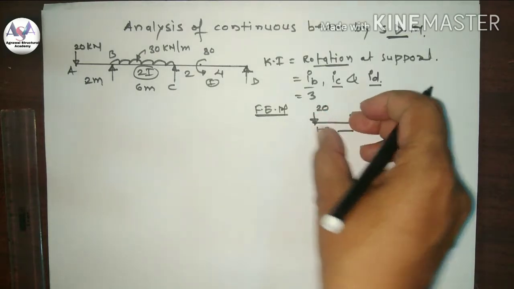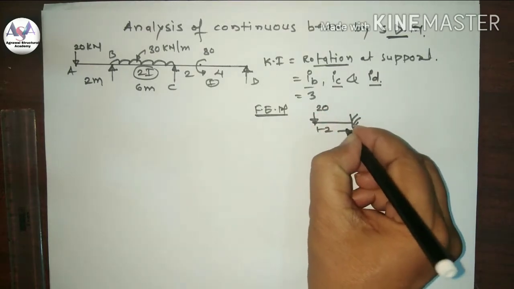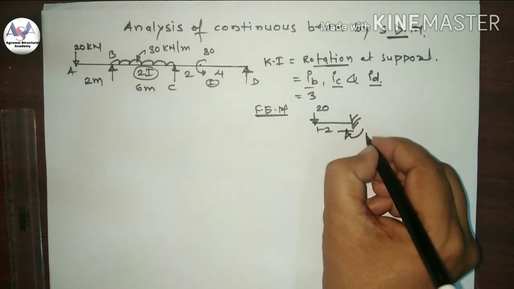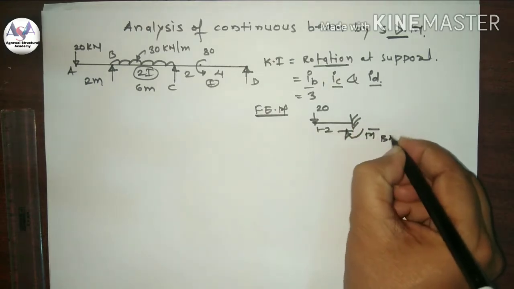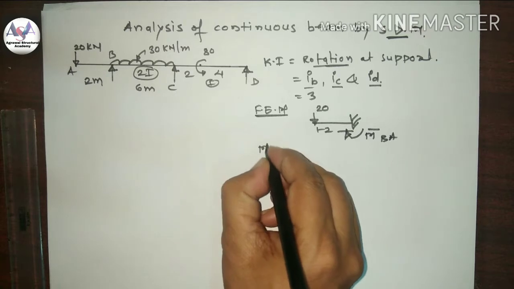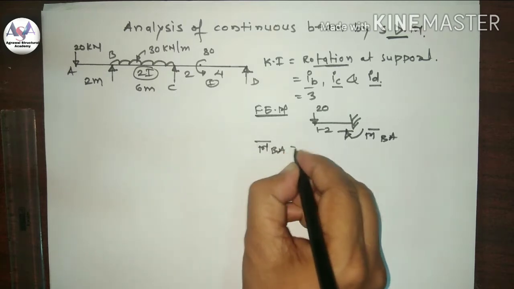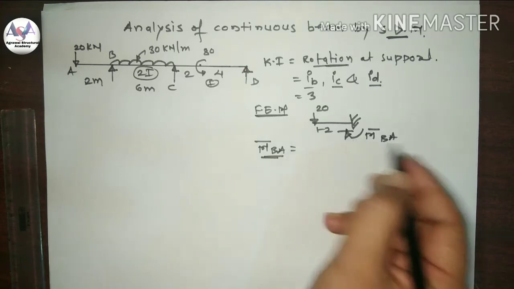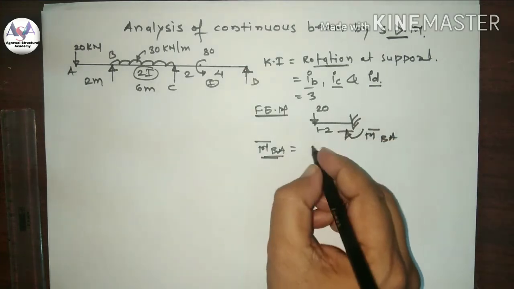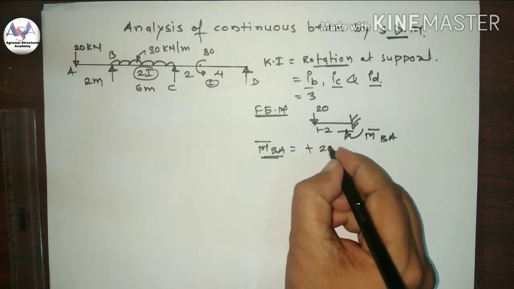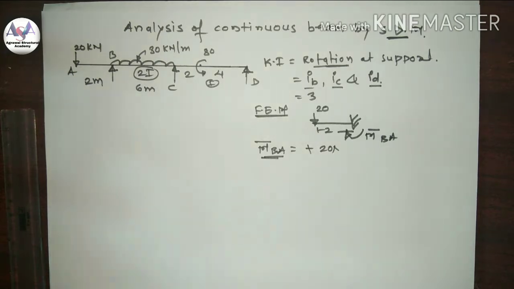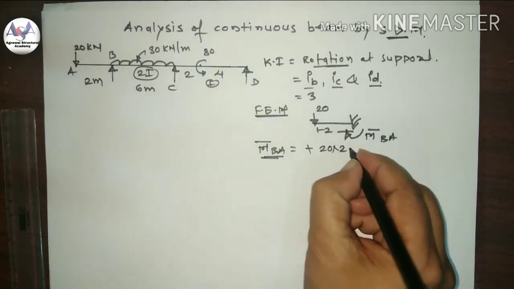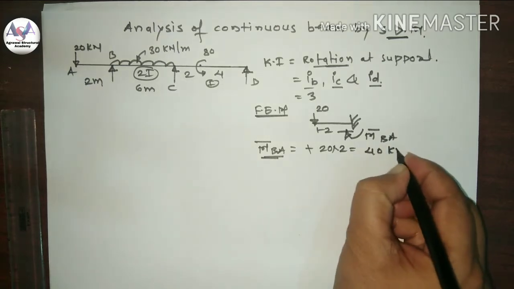This is anti-clockwise, so the fixed moment is clockwise, so this becomes M bar BA. When you are writing M bar BA, check whether the moment is clockwise or anti-clockwise. Now this is clockwise, so plus 20 into 2, that is 40 kilonewton meter.